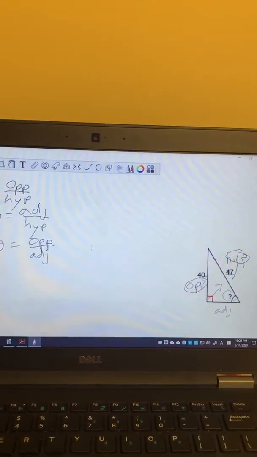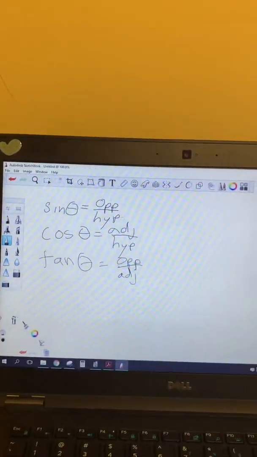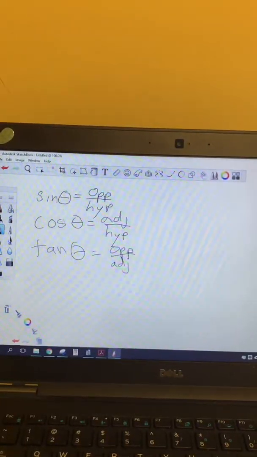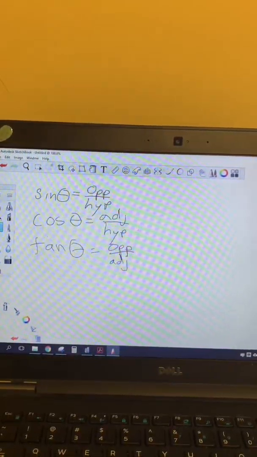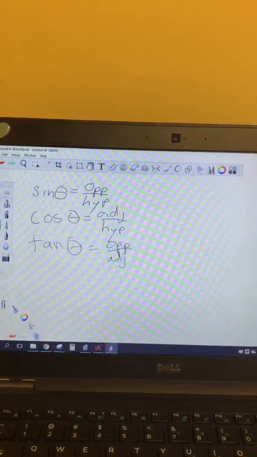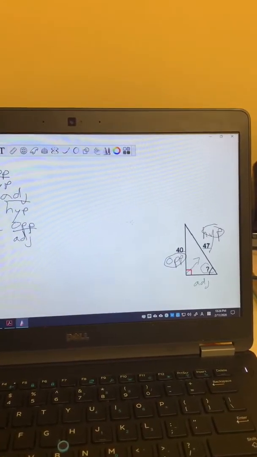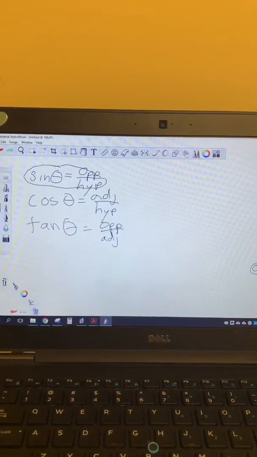And if we go over here, I already wrote it from the last instructional video, we know that sine is opposite over hypotenuse, cosine is adjacent over hypotenuse, tangent is opposite over adjacent, and we're using opposite over hypotenuse, so therefore we're going to be using sine.